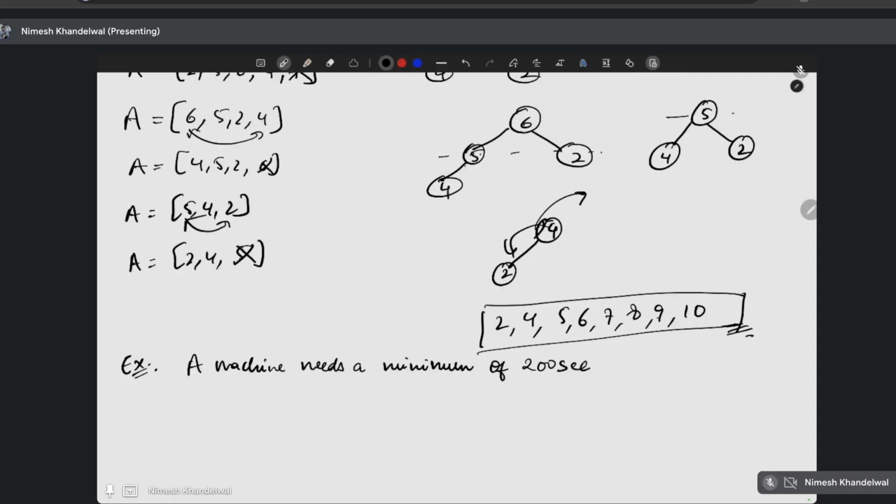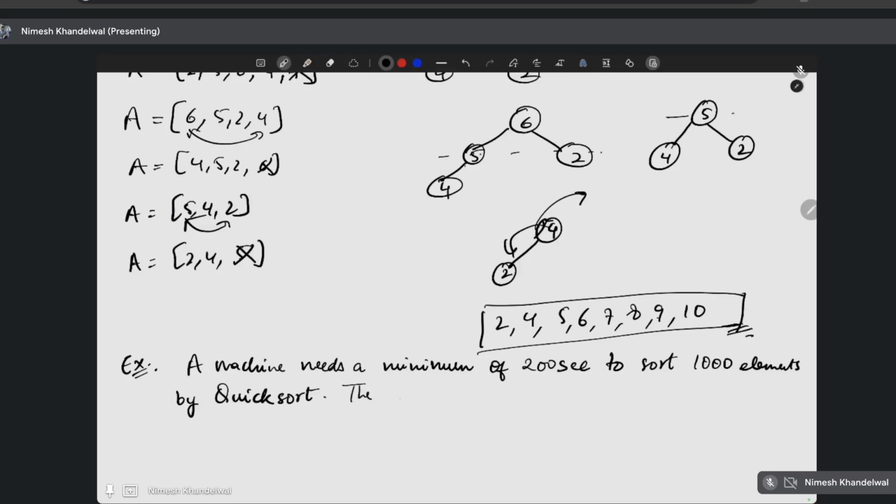A machine needs a minimum of 200 seconds to sort 1000 elements by quicksort.